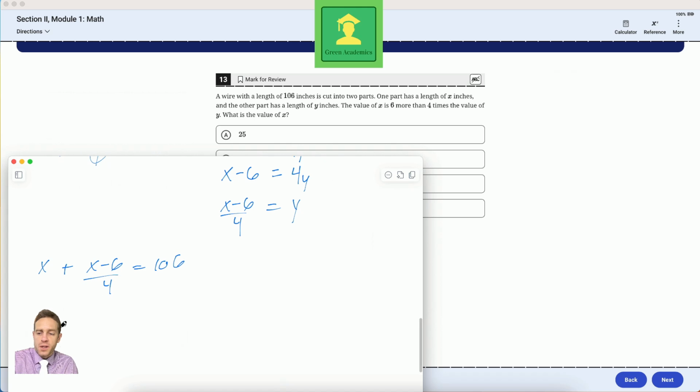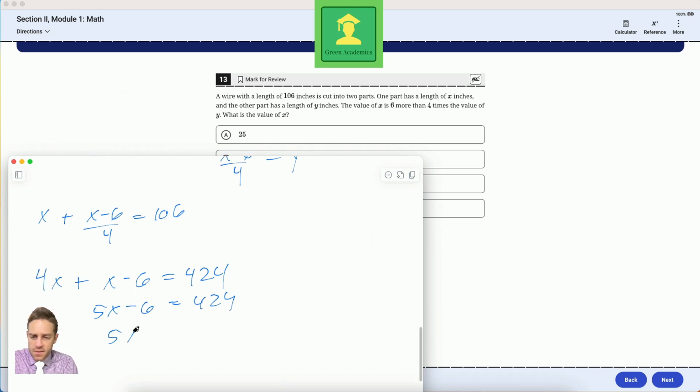I'm going to quadruple everything. So 4x plus x minus 6 equals 424. 5x minus 6 is 424. 5x is 430. So x is 86.